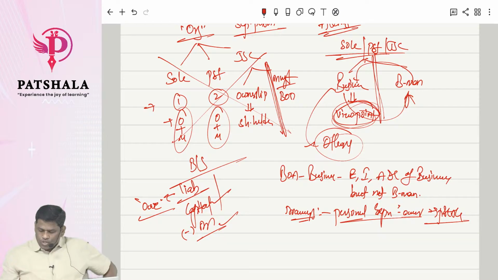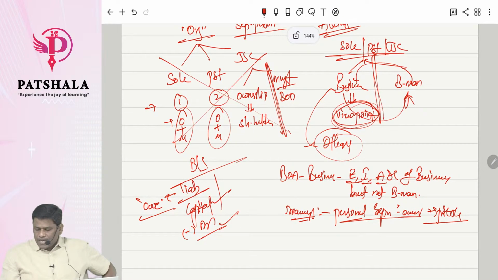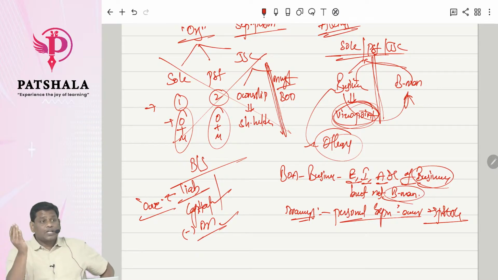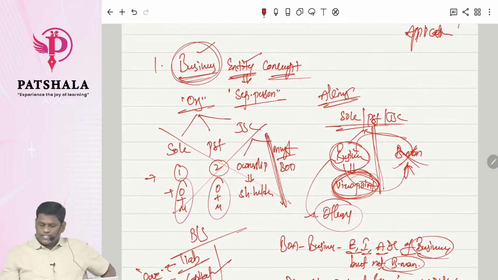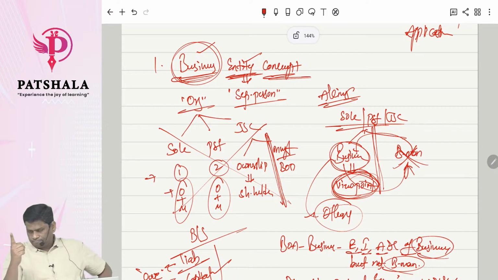In the books of accounts, expense, income, asset and liability of only business we will write, but we don't write those of the businessman. That's the reason personal assets, personal liabilities, personal expense, personal income should not be written in the books of accounts, and always you have to view from the viewpoint of business, but not businessman. This is what is said by the business entity concept. Clear?